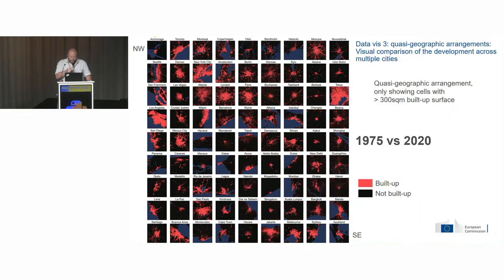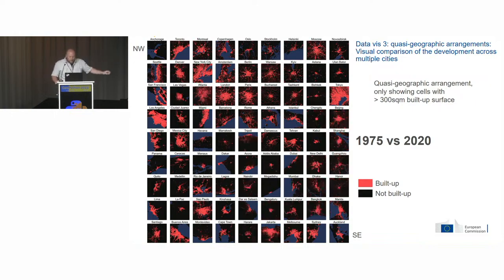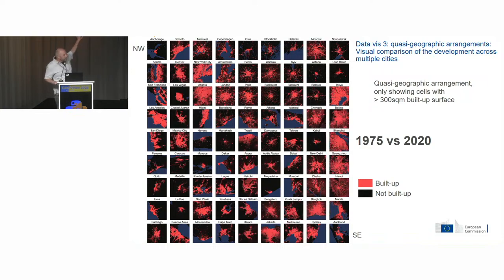We can go further and, for example, apply a similar concept for individual cities. So what we see here is a quasi-geographic arrangement of, I think it's 81 cities. And by quasi-geographic, I mean the upper left is northwest, the lower right is southeast. So Southeast Asia, Australia down there, and North America up there, right? And we can then visualize these for different points in time.